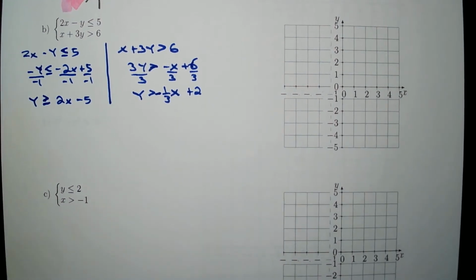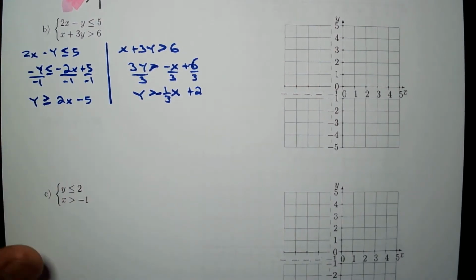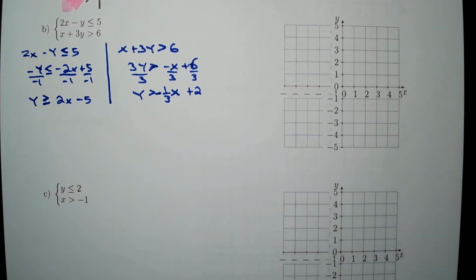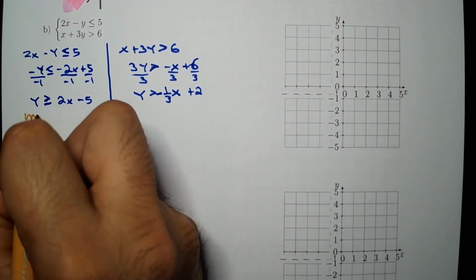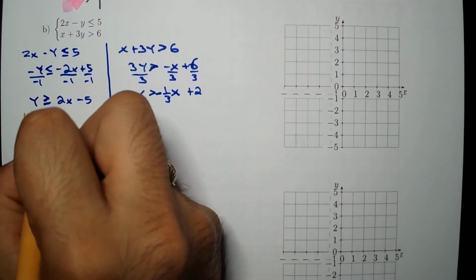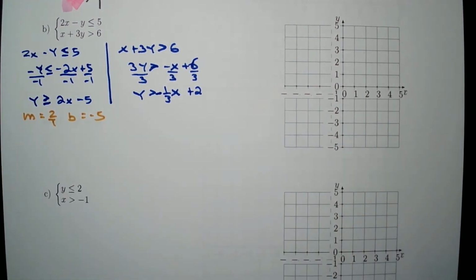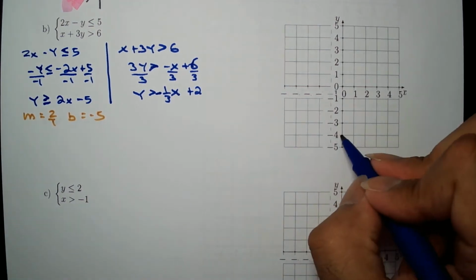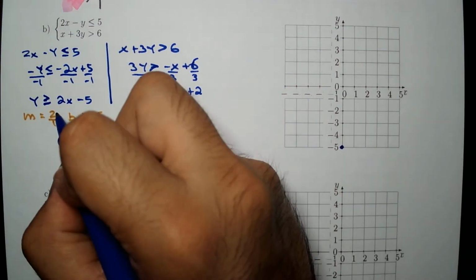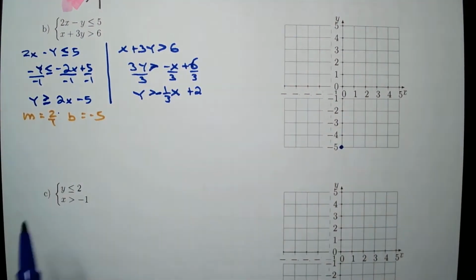All right, so let's graph this line. This line has a slope of m equals 2, or 2 over 1, and a b of negative 5. I'm going to go down to negative 5, and then from here, I'm going to rise 2 units, run 1 unit.